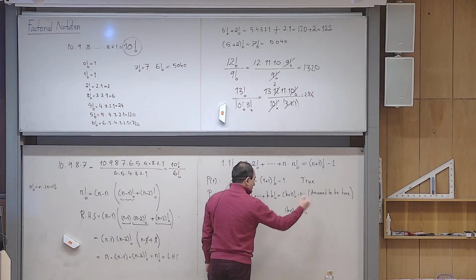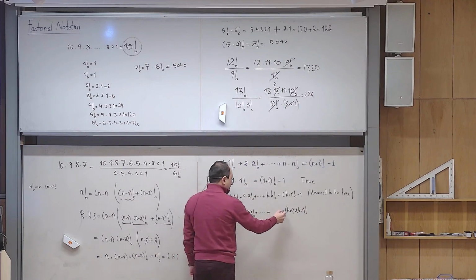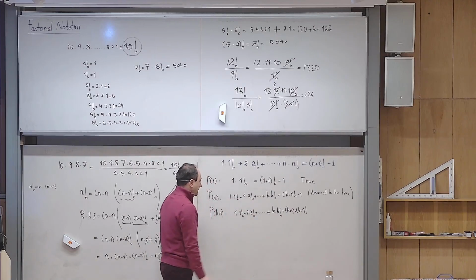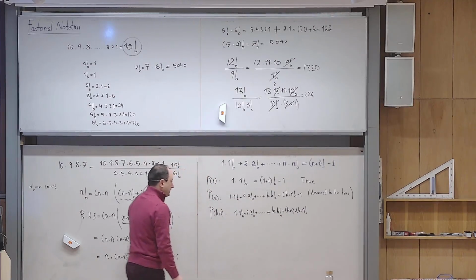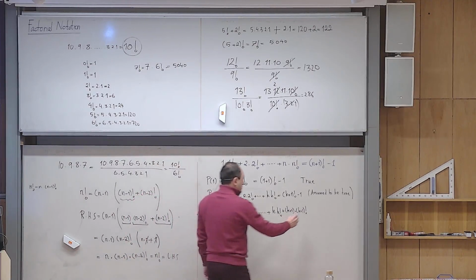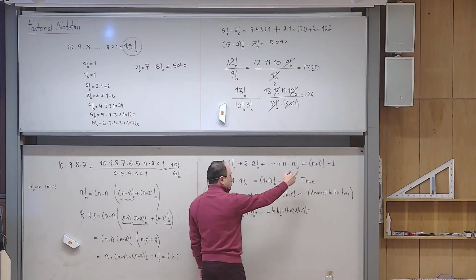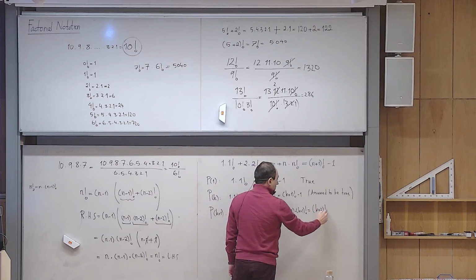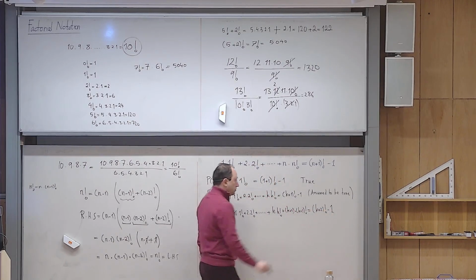But by the experience you gained so far, you know that it is always good to write the previous step in these ones containing these dots, yes? So this is the left-hand side, and the right-hand side I change into k plus 1, which becomes k plus 2 factorial minus 1. So to be proven, yes?